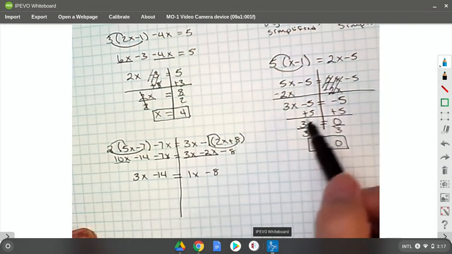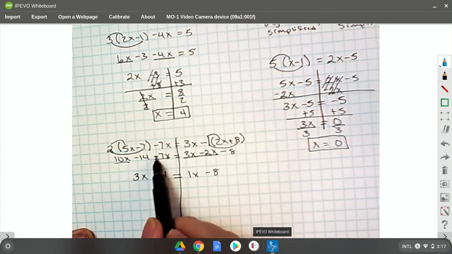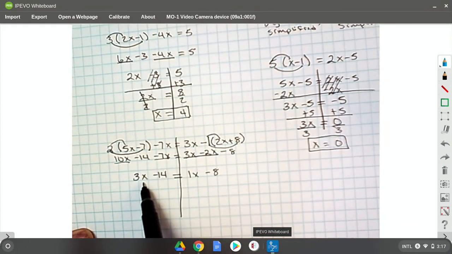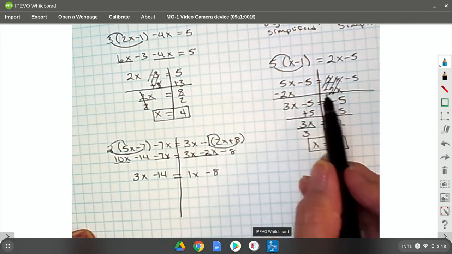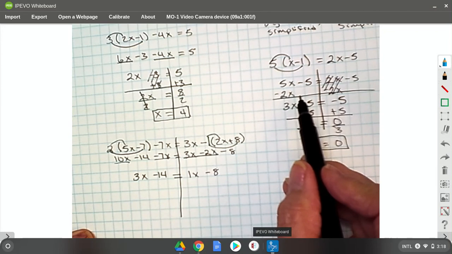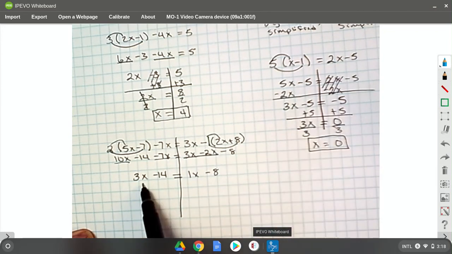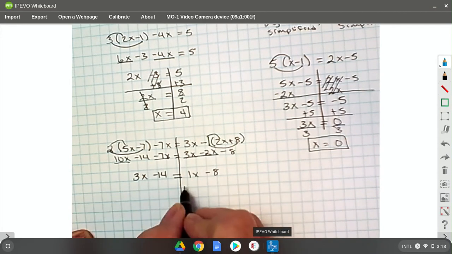When they're on the same side, like the 10x minus 7x, we simplify to a 3x. But when they're on different sides, remember, you can't do that. I can't put these two together to a 4x. I have to cancel it off of one side and move it over to the other.